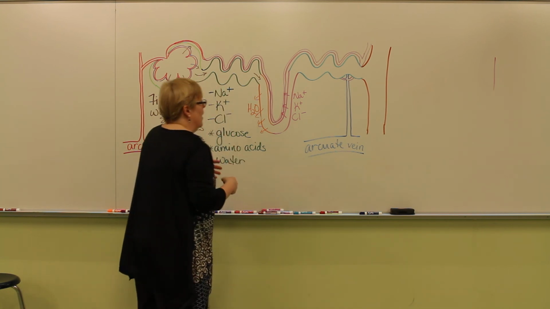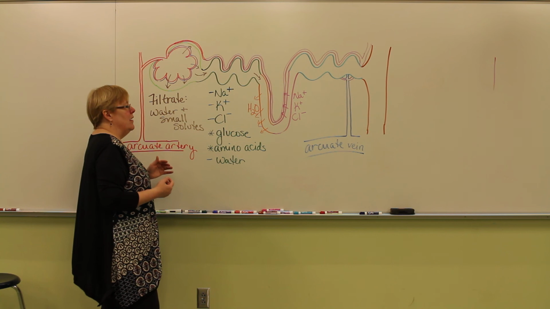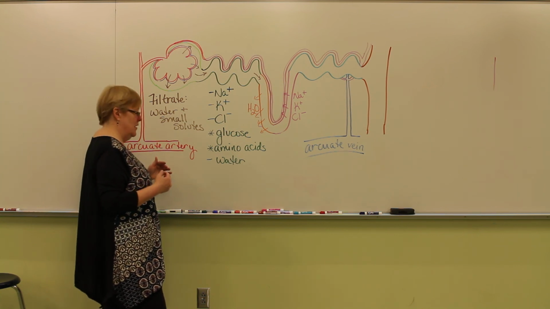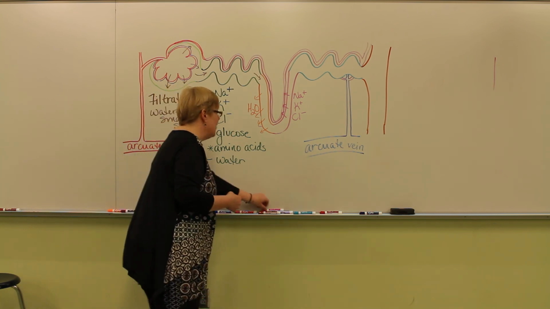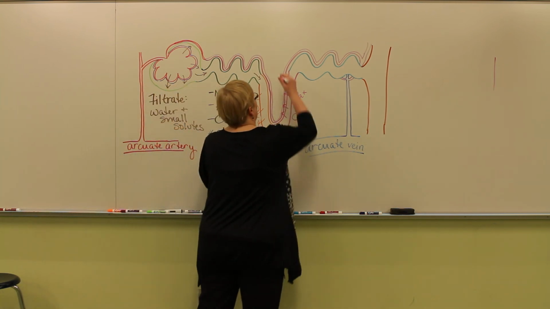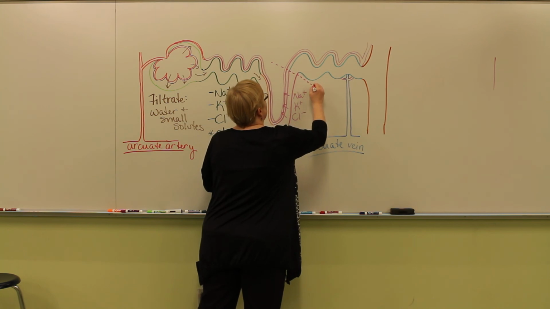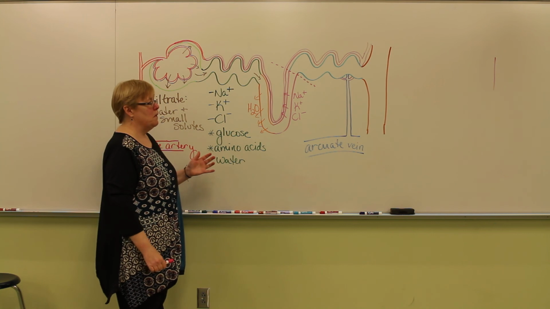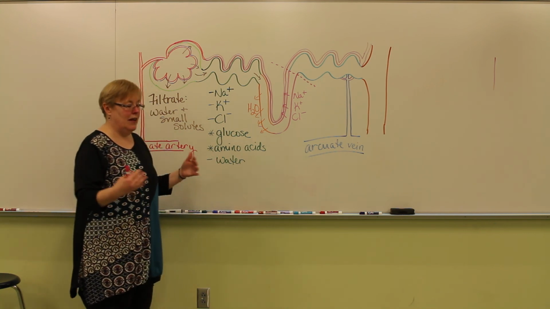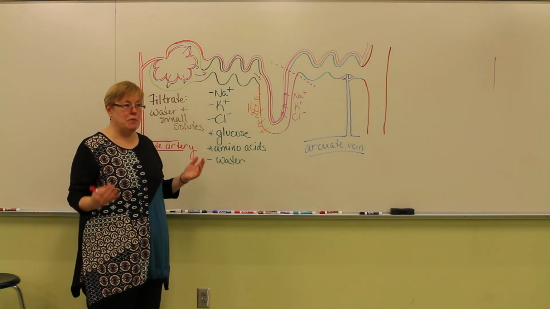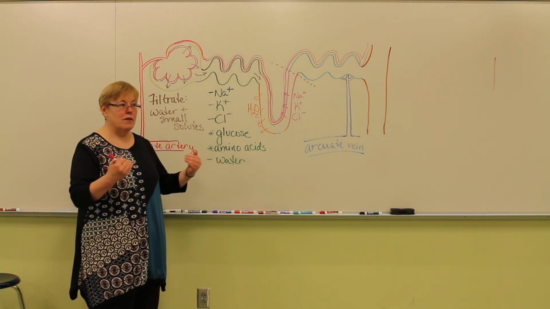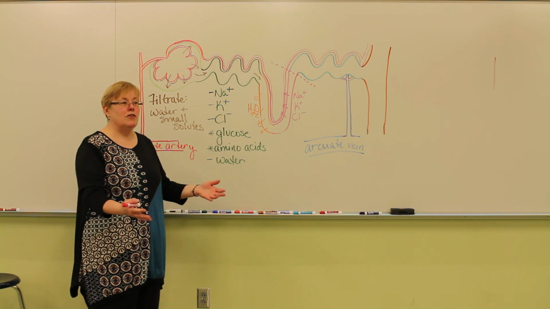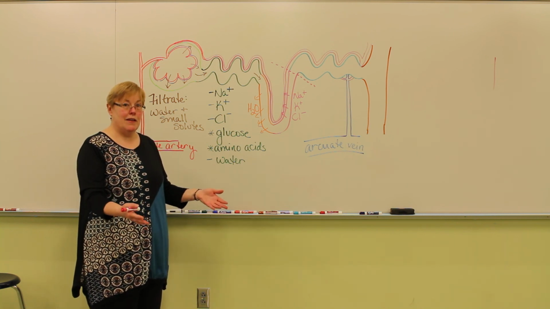Now, if the person is in water balance, this is the last section of the renal tubule that will be used to process the filtrate. Now, what I mean by person being in water balance is that they're in a situation of fluid homeostasis, and the amount of water that's coming into their body is equal to the amount of water that's leaving their body.